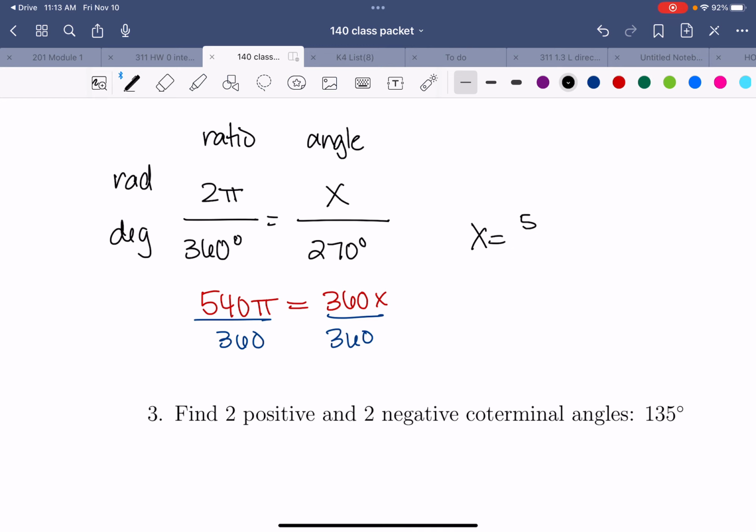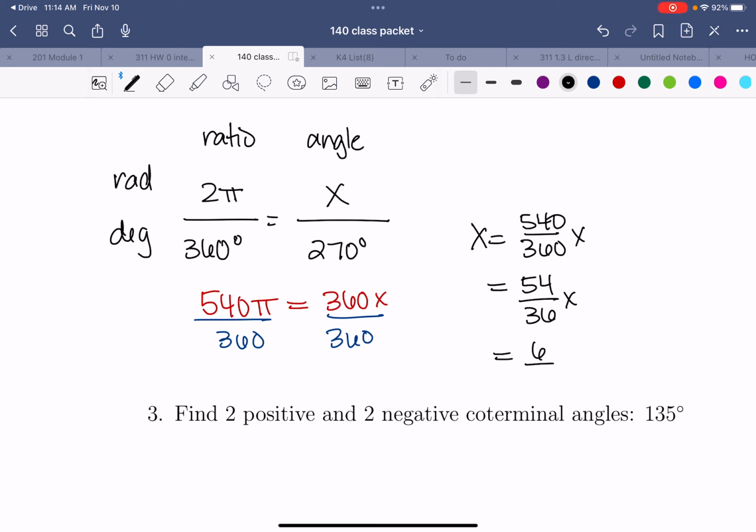So we have 540 over 360, and we want to reduce that. So if I take away the zeros, that's 54 over 36. And those are both evenly divisible by 9. So if I take 9 out of the top, that becomes a 6.